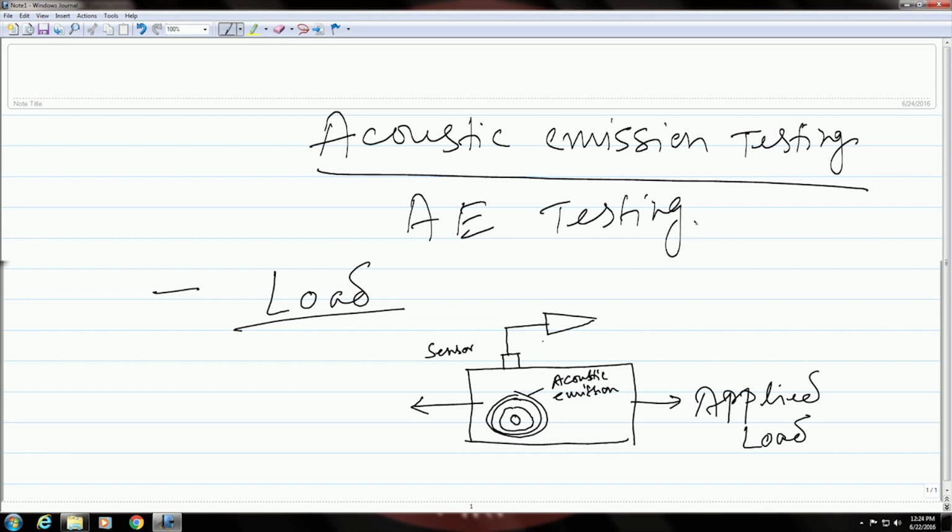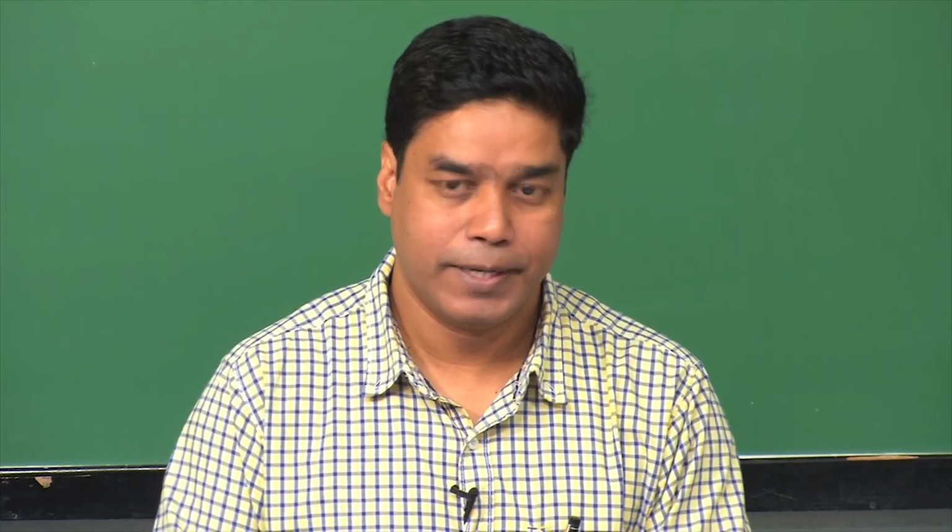So, you use a pre-amplifier and then send this signal to the detection and the measurement system, which will generate an electrical signal out of these elastic waves and give you something to see on the display. And then that can be interpreted, and then you would be able to know if there are any defects which are active inside the component.